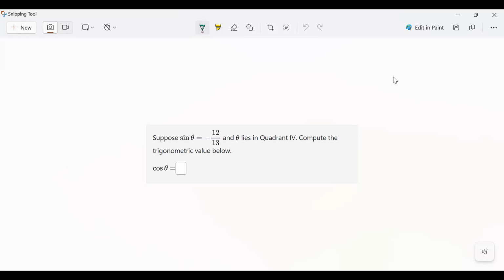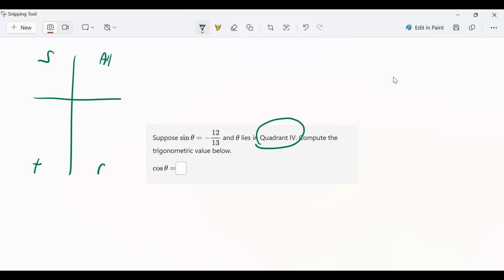All right, let's go over the solution. Theta is located in the fourth quadrant, so cosine is positive. So the answer will be positive here. Again, one more time, we're using the Pythagorean identity: sine theta squared plus cosine theta squared equals 1.